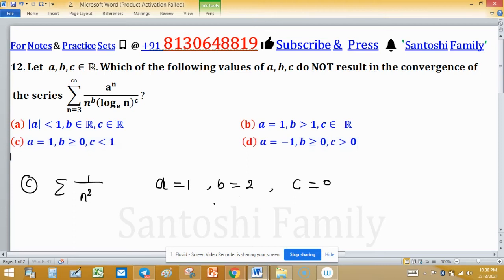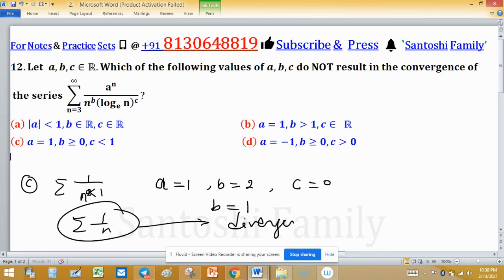So this may be right, or you can choose the value of B like that. If I choose B is 1, then this will be summation 1 upon n, and we know that this series is divergent, and by comparison test this series is divergent.